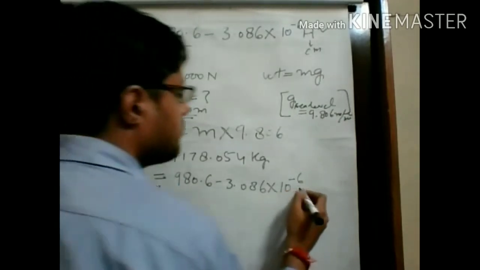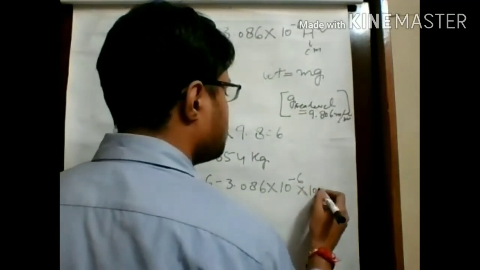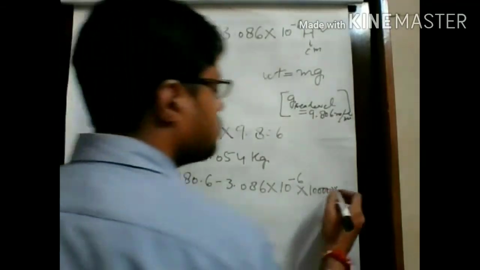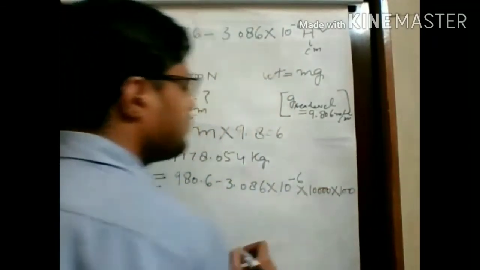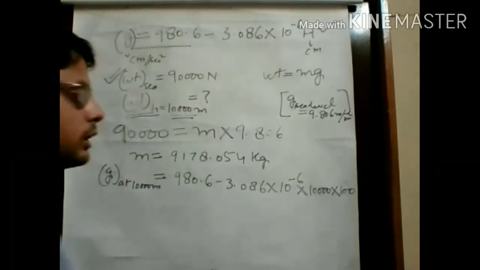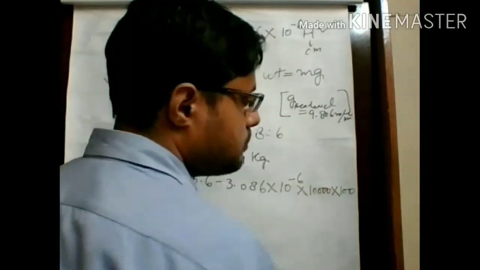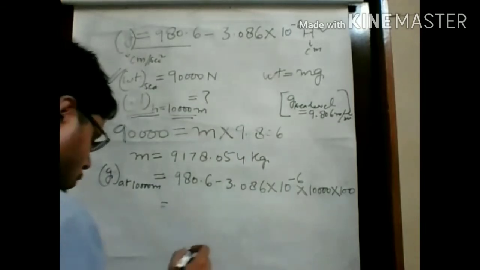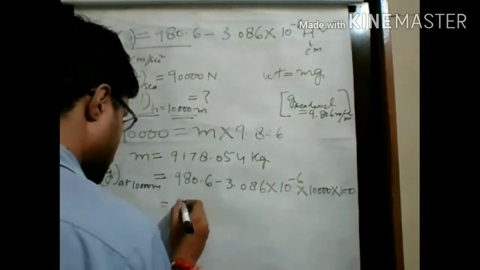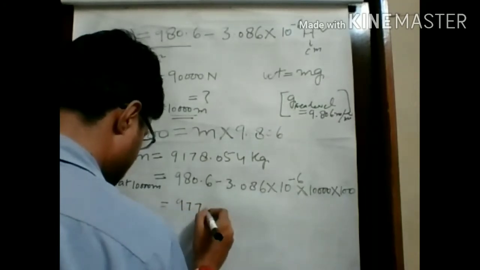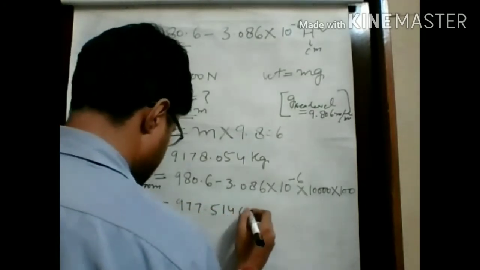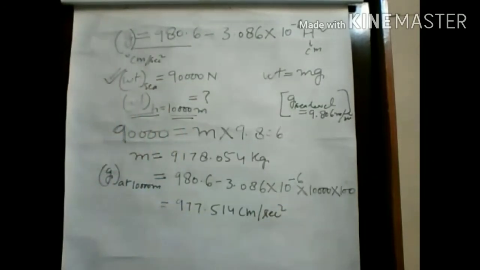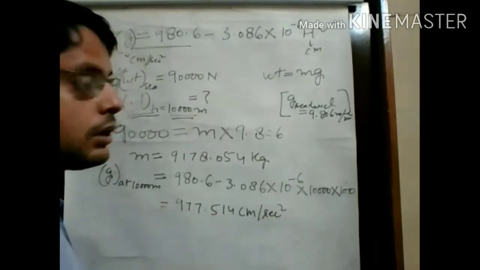Here 10,000 meter multiplied by 1 meter, which is equal to 100 centimeter. So we convert this value into centimeter. Since 1 meter is equal to 100 centimeter, we calculate and we get the value of g equal to 977.514 centimeter per second square. This is the value of g at 10,000 meter.